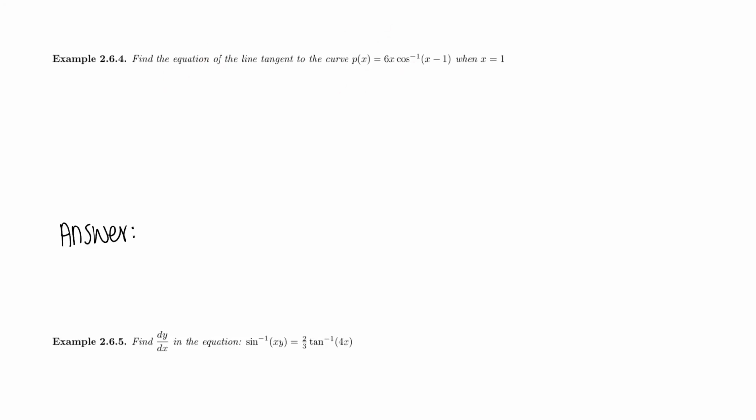I'm just going to tell you that the slope should come out, if you do this one, to be 3 pi minus 6. So the line ends up being y minus 3 pi equals 3 pi minus 6 times x minus 1.